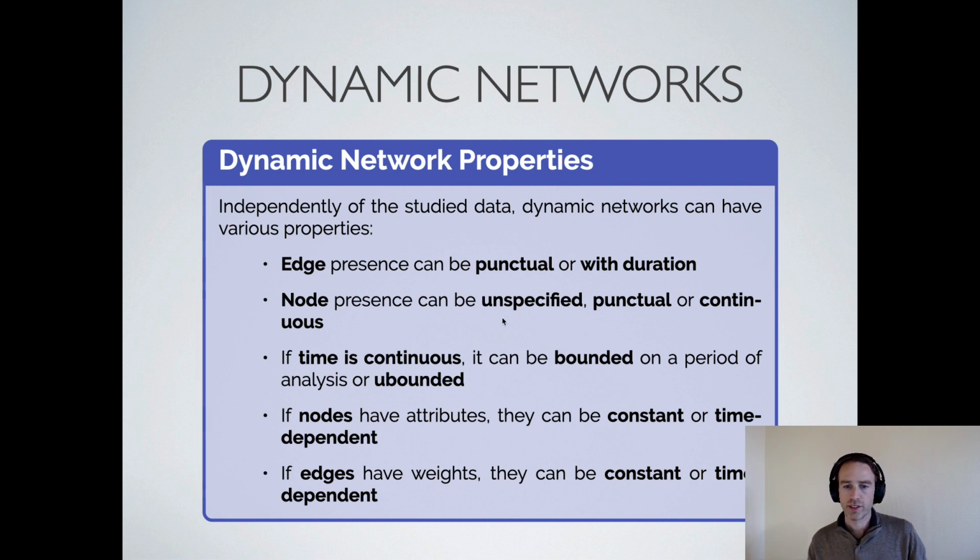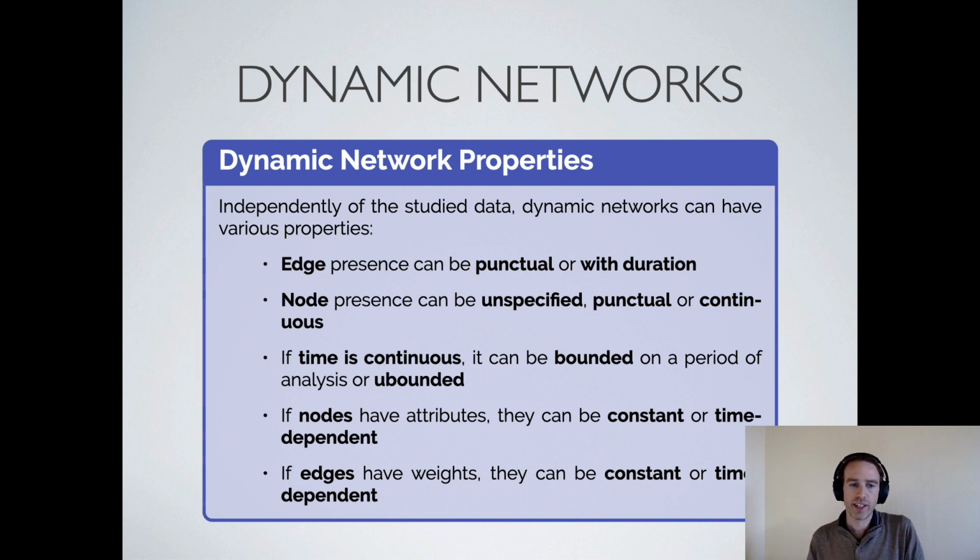The node presence can be unspecified, punctual, or continuous. So there is punctual and with duration as before, but there is also, in some cases, the presence is unspecified. For instance, if you observe phone calls between individuals, you know when the edges exist, but we don't know when the node exists, because we don't have information about the individuals themselves.